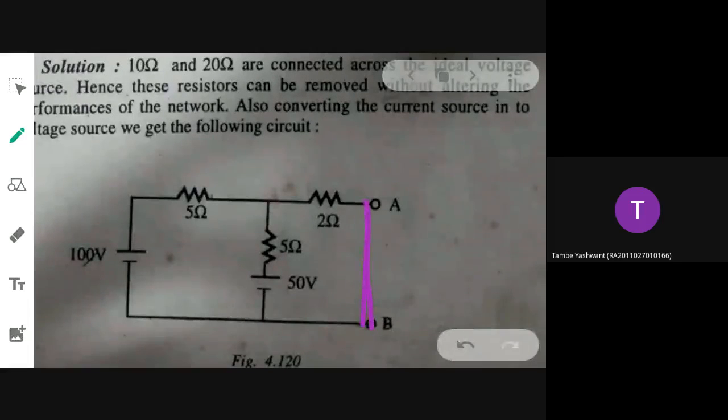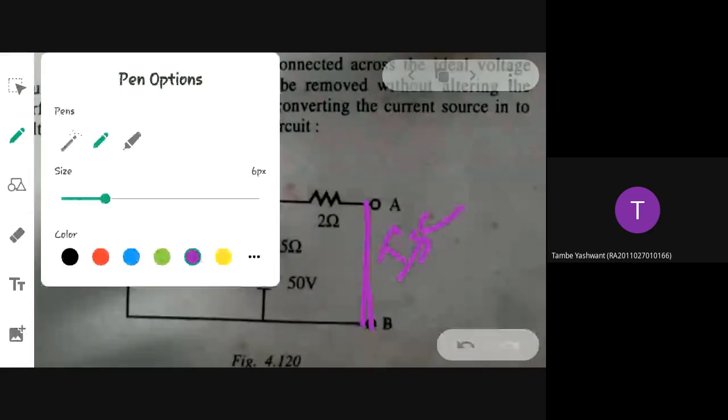KVL, or network reduction, any method. If I use KVL, I can assume two mesh currents, write the matrix and find out I2. If I find I2, that will be equivalent to what value? I_SC. That is the easy method.